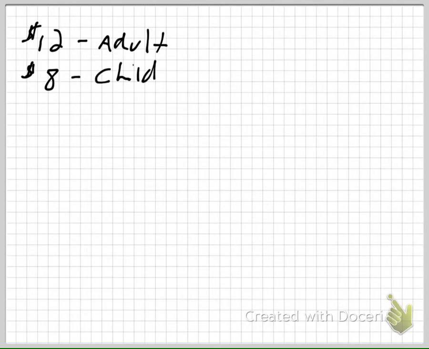Here's the deal. Let's just say that there was a carnival at the school, and the tickets to the carnival are $12 for an adult and $8 for a child. Does that make sense? I'm going to tell you that you sold 14 total tickets, and you made a total of $152.